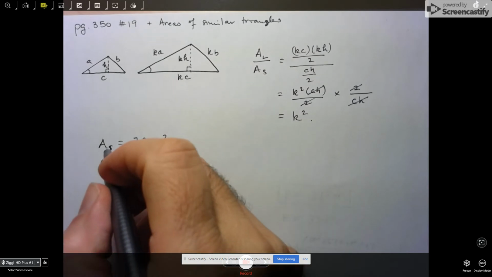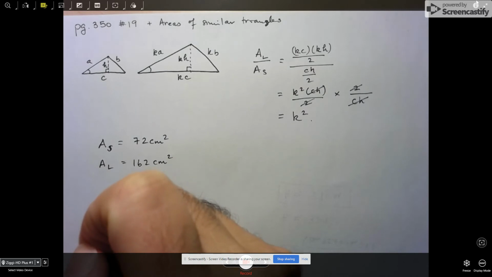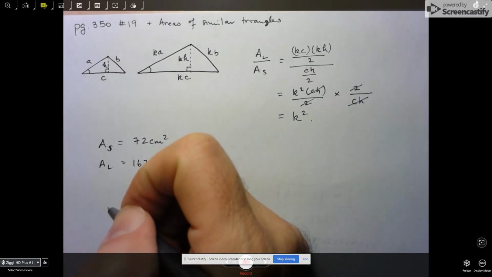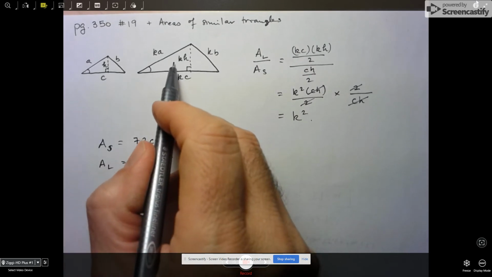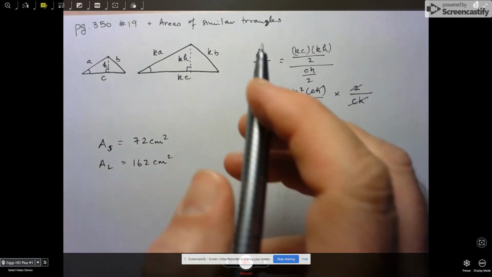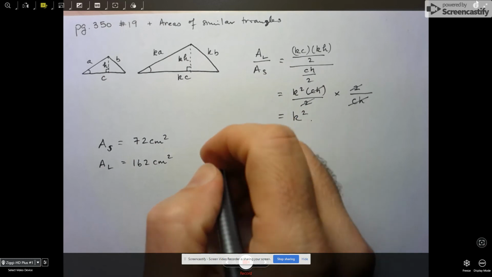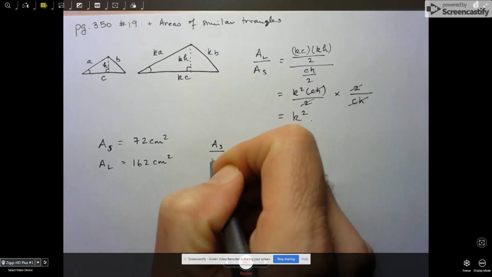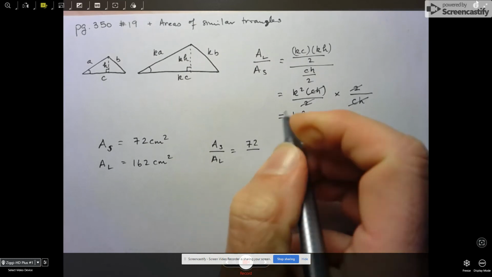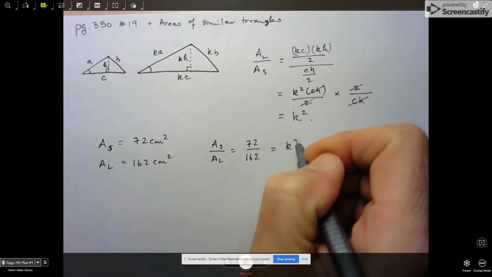Since they gave me the smaller one first, I'll go in that direction. Okay, so if I want to determine what k is, let's just look at the ratio of the areas. So the ratio of the areas is AS over AL, which is equal to 72 over 162. And this we know is going to be equal to k squared.